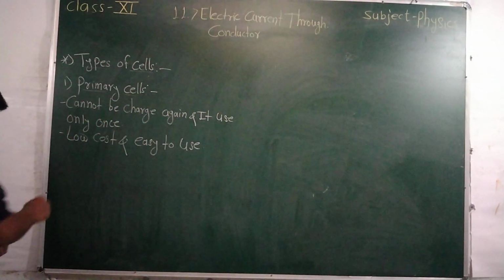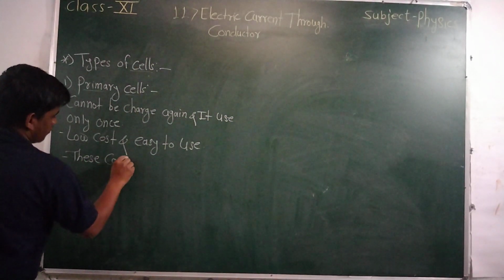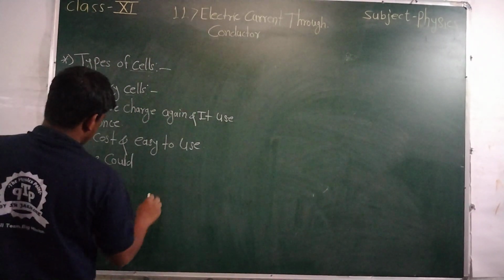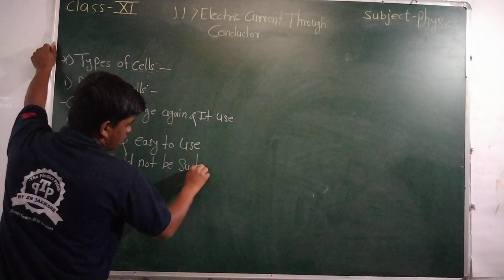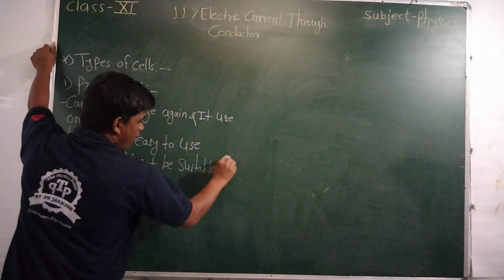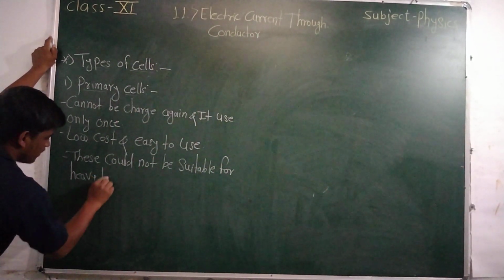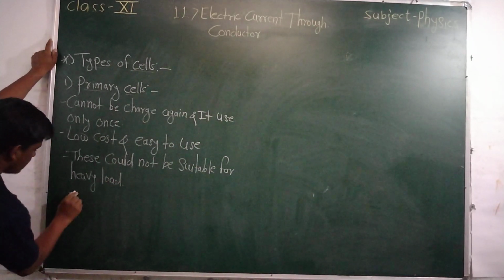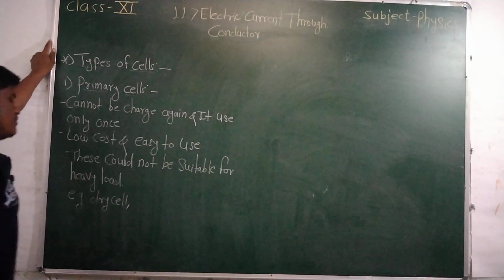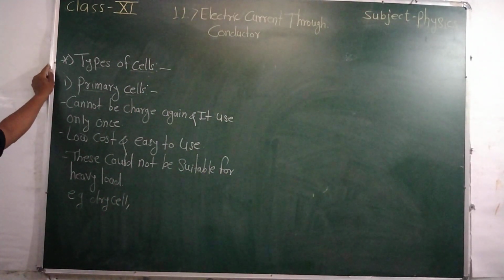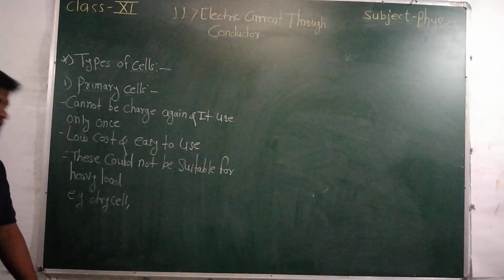Examples of primary cells are dry cells and alkaline cells.